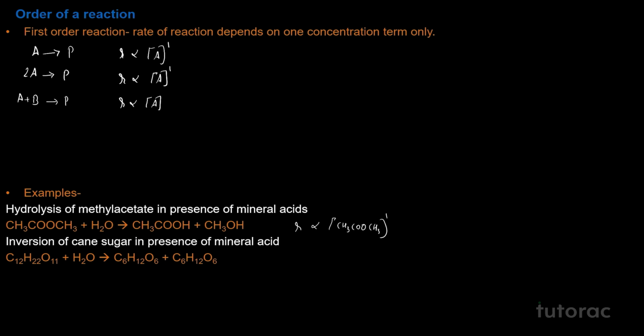Let's take another example, the inversion of cane sugar, which gives glucose and fructose. Here also the rate of reaction will depend on the concentration of C12H22O11, that is cane sugar.